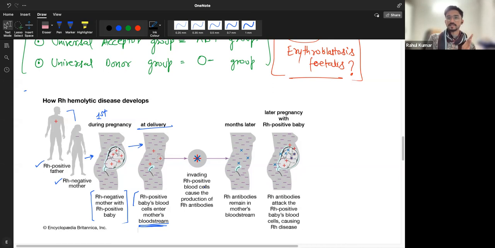Now the Rh antigen is there. So the mother's blood will recruit anti-Rh antibodies to kill that Rh antigen, correct? And it will do it within a few days. But antibodies can be stored as memory. Whenever antibodies are formed against anything, it gets stored as a memory. Do you understand, people?